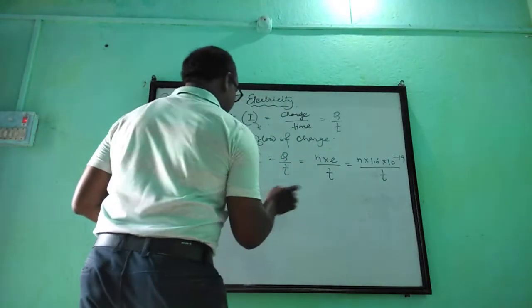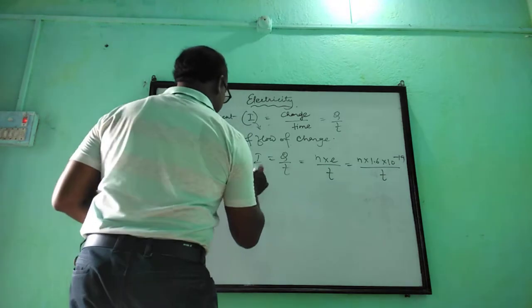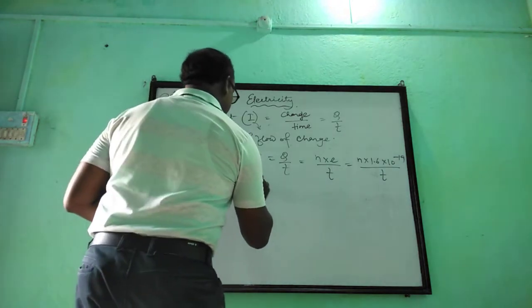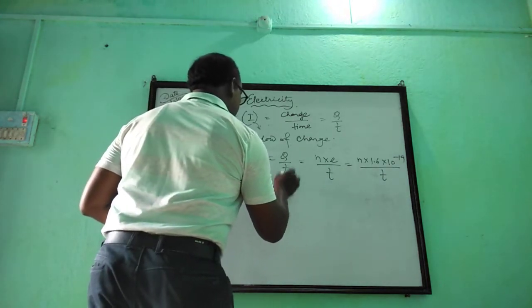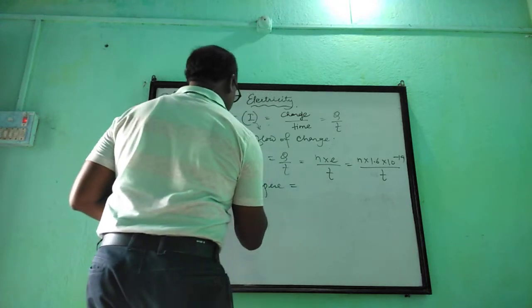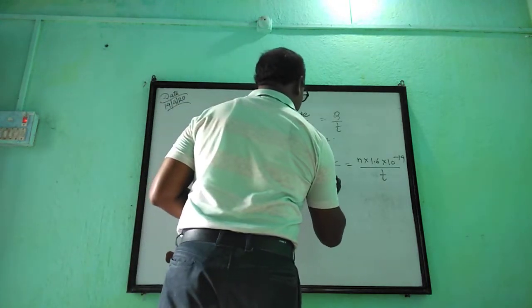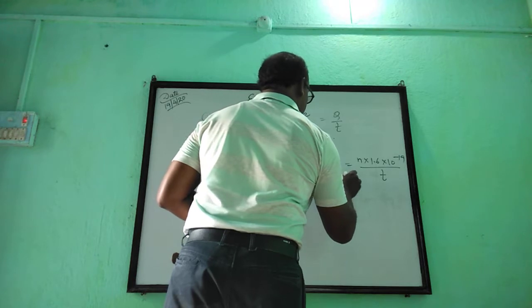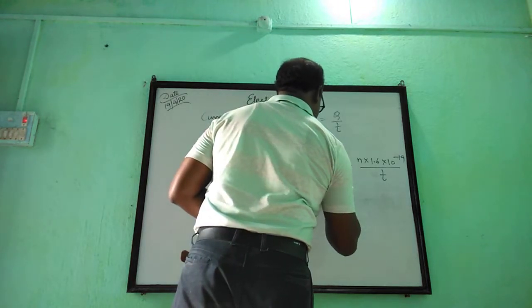The SI unit of current is ampere. 1 ampere equals 1 coulomb by 1 second.